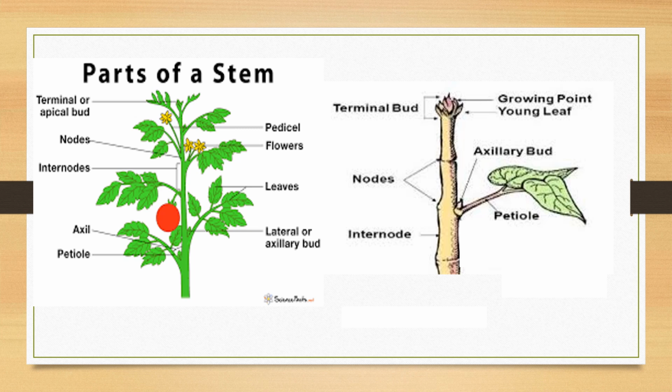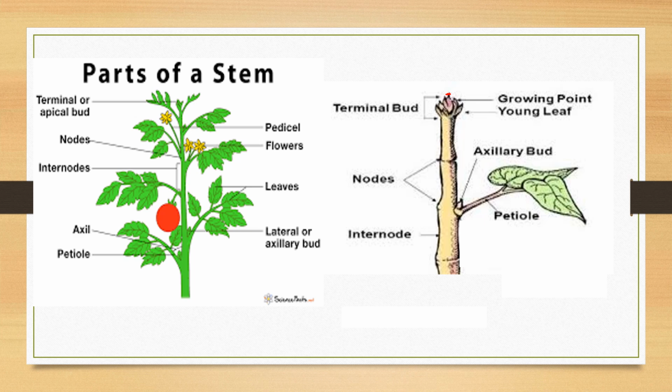In these pictures, you can see the part of the stem. Okay, and this is the terminal bud here in the apical end of the stem, or the upper end of the stem, called apical bud or terminal bud.